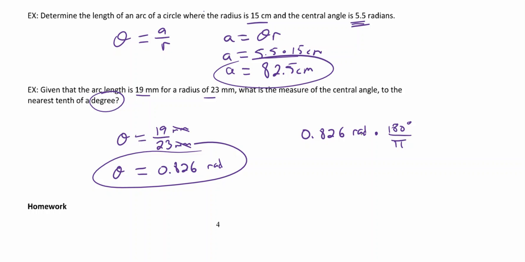Now, this one isn't going to cancel out nicely with a pi. This is just a number, and pi is just a number too without units, really. So all we can do in this case is just plug it all in: write this number times 180 divided by pi, and we end up with 47.3 degrees.